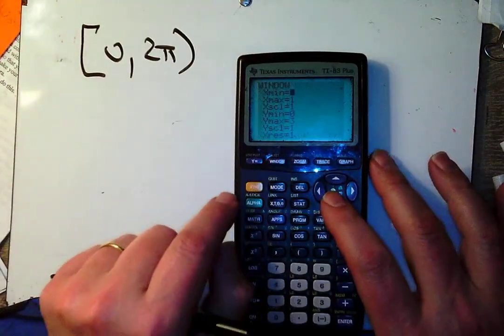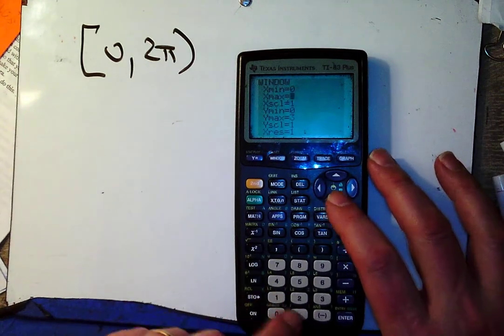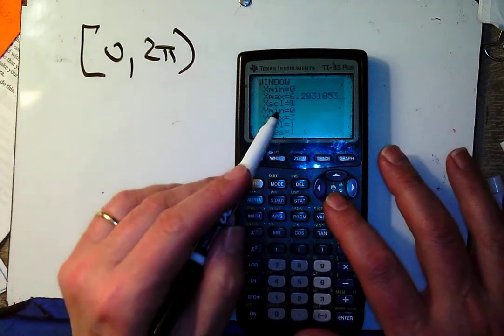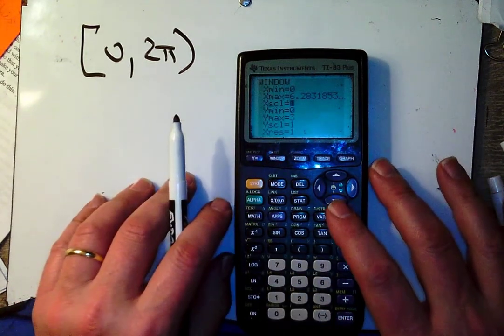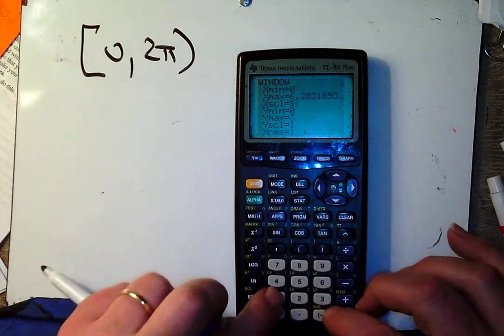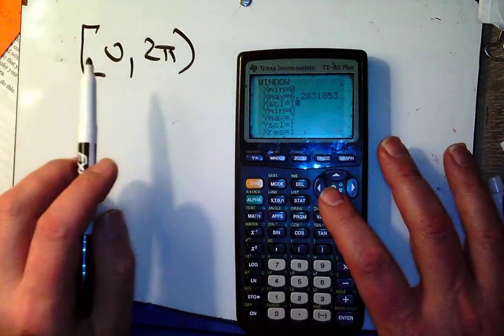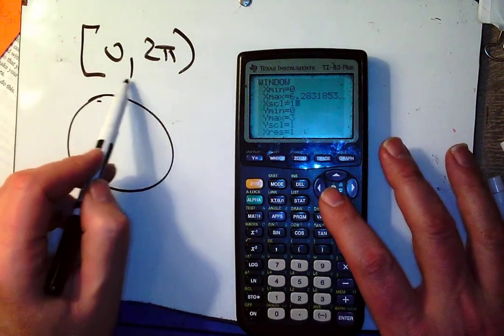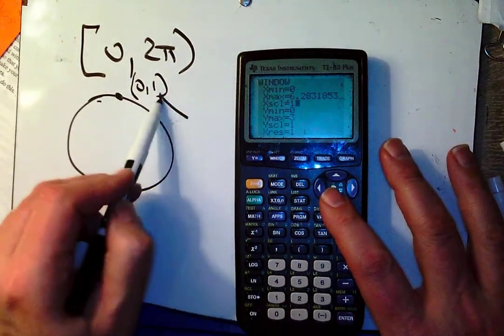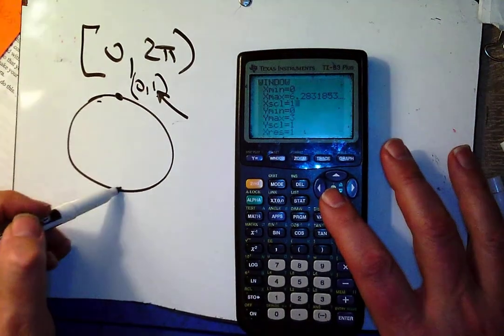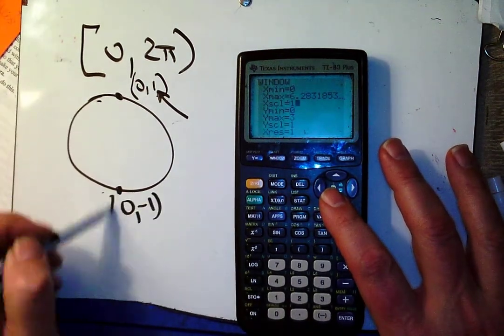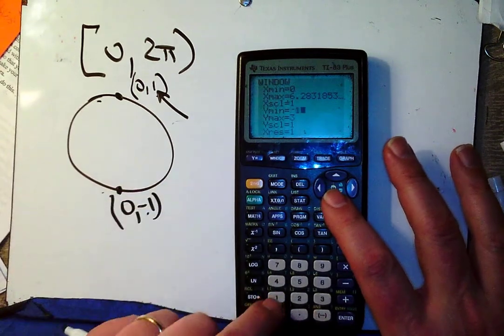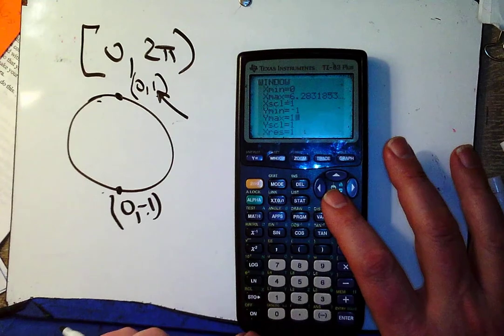So let's go to the window. We've got 0. We've got 2 pi. And it really doesn't matter what increments we go up in, you could just leave that as 1. Now, I will say that on our unit circle, sine has the biggest value of 1 and the smallest value of negative 1. So I'm going to make my y min negative 1 and my y max 1.